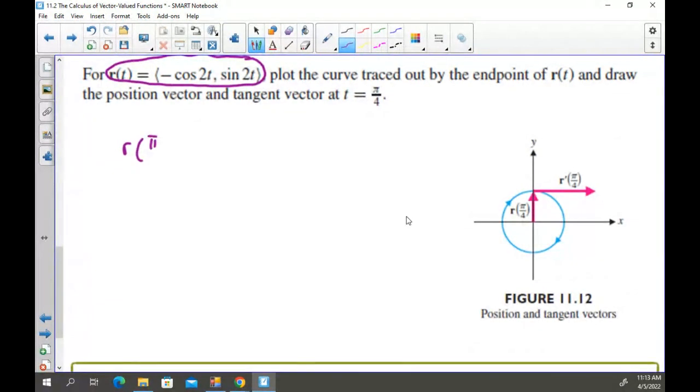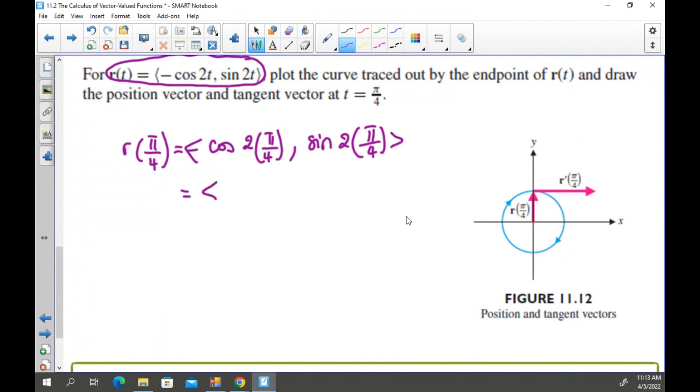Then r at pi over 4, if you try to find it, it's going to be minus cosine 2 times pi over 4 and sine 2 times pi over 4. And 2 times pi over 4 is pi over 2.